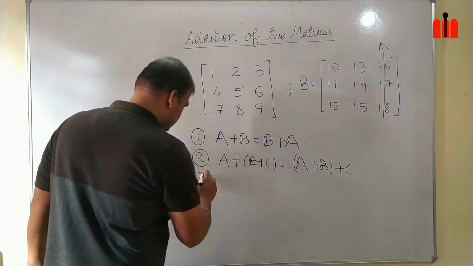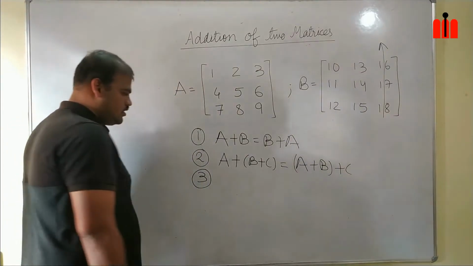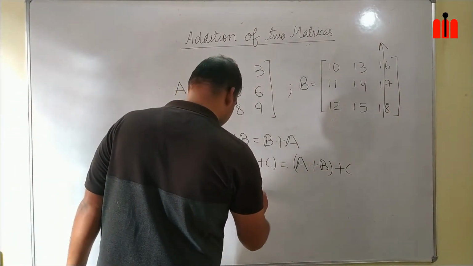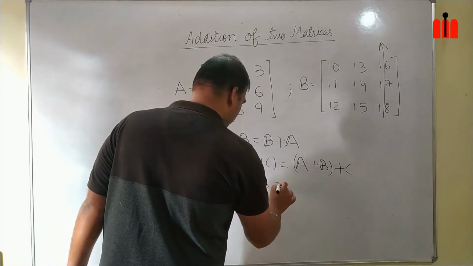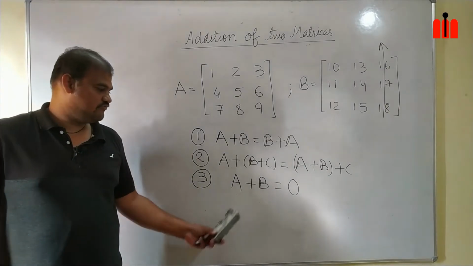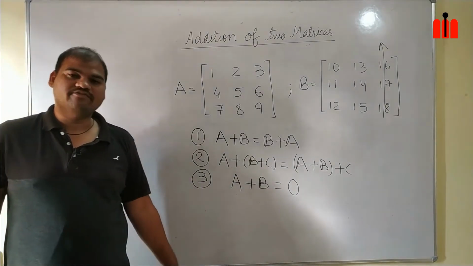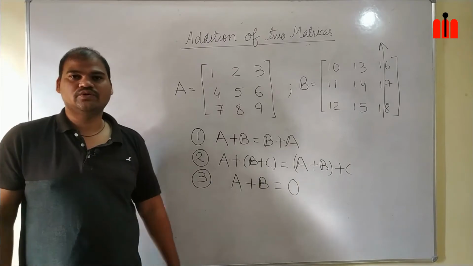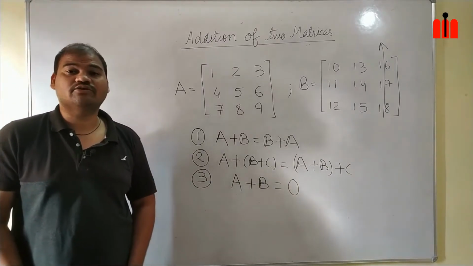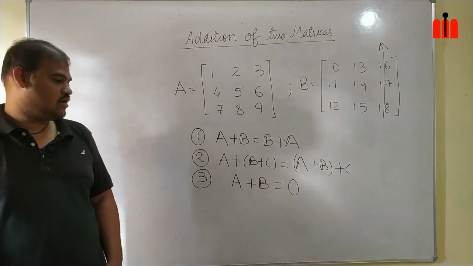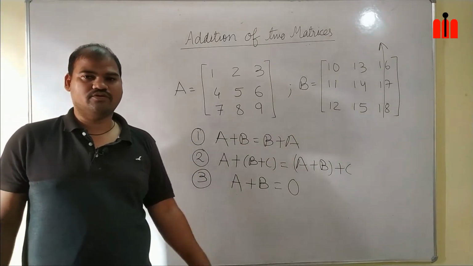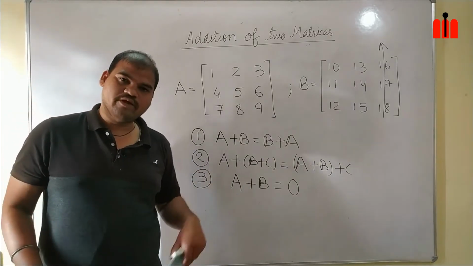Let's go to another property, which is: if we are adding 2 matrices and we are getting the result as 0, then both these matrices are additive inverses of each other. How will this 0 matrix look? If the order of A is 4 by 4, then B should be 4 by 4 for addition.